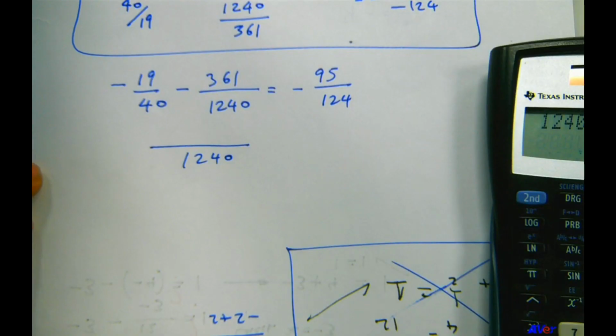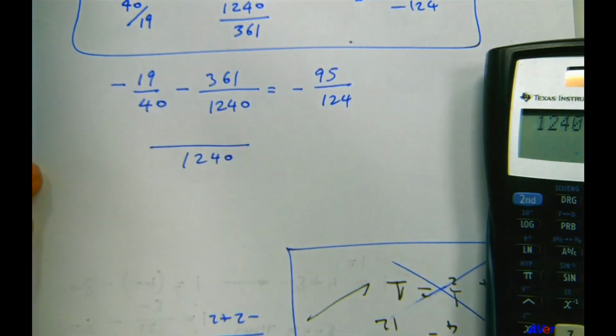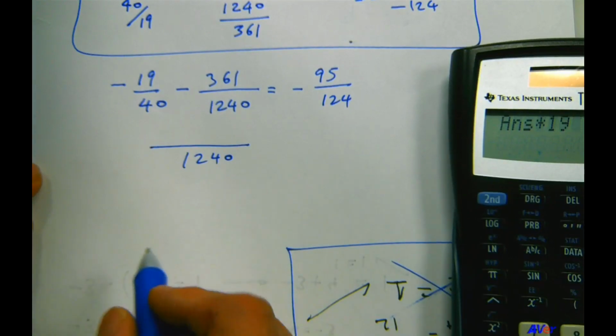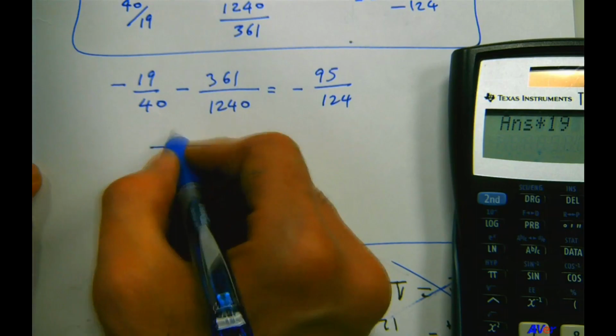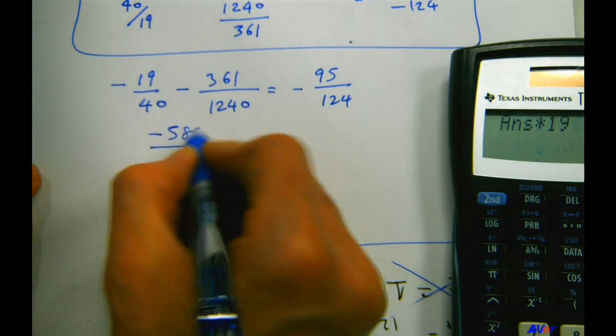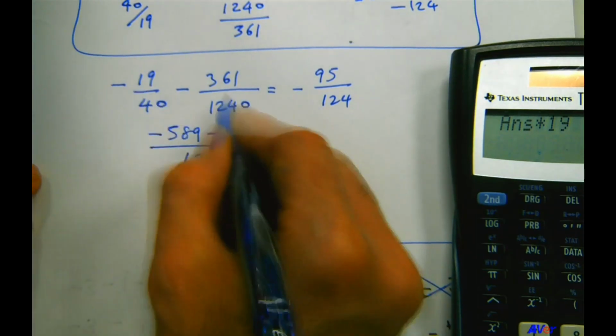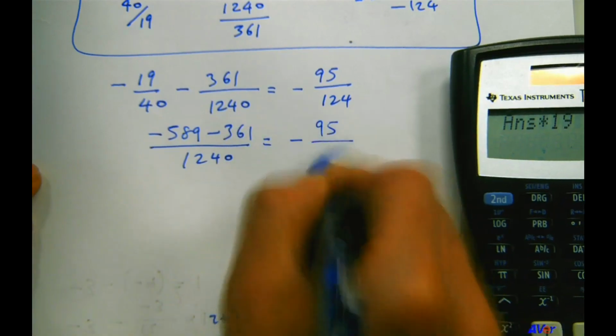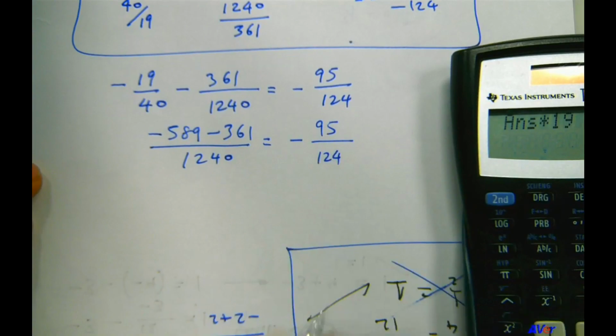We got our answer, so let's see if it checks out. So 31 times 19, it'll end up with minus 589, and then minus 361 equals minus 95 over 124.